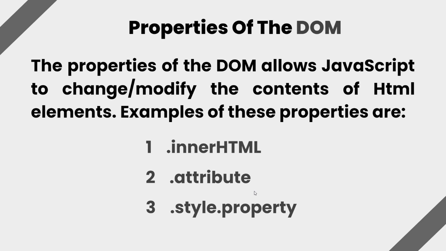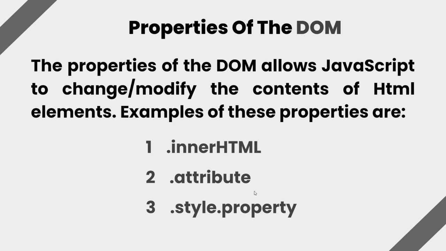The properties of the DOM allow JavaScript to change and modify the content of HTML elements. This means the properties are the real parts of the entire JavaScript syntax that allow you to change and modify the content of the HTML element.